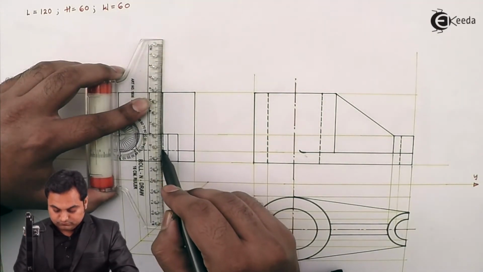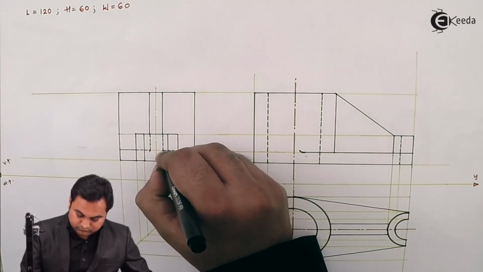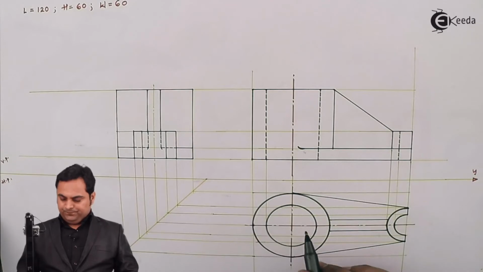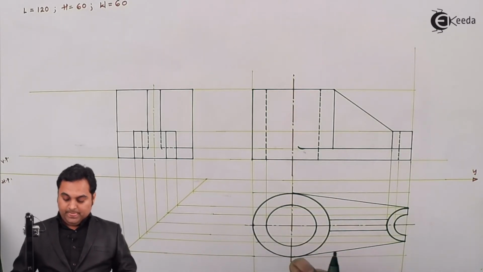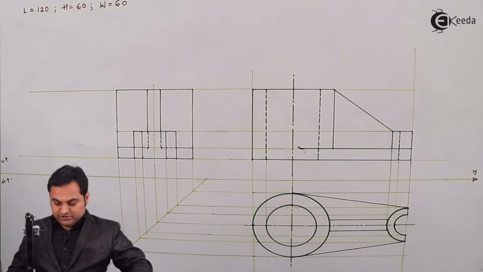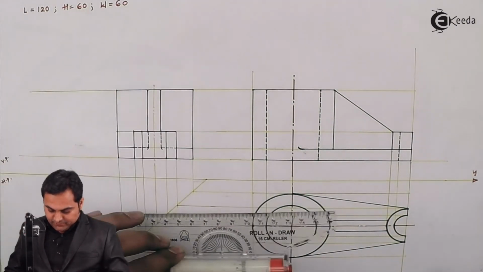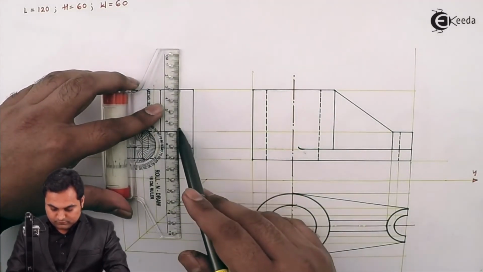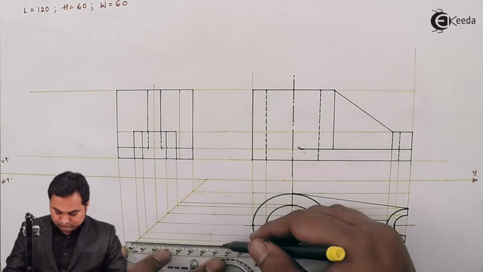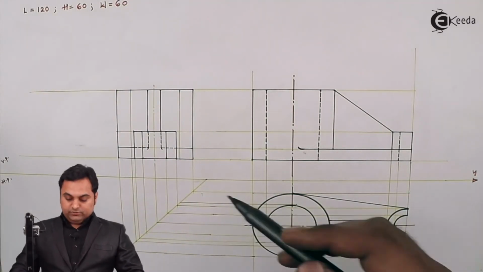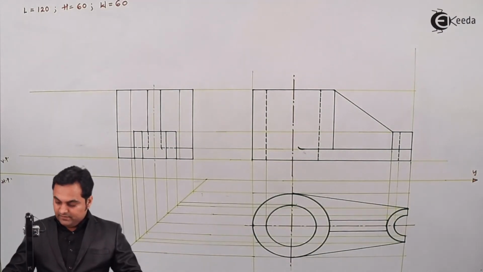Here there is a hole inside the cylinder of diameter 40 that will be hidden in the side view. So I need to project this diameter in the side view. After drawing these lines light, I'll make them dark.